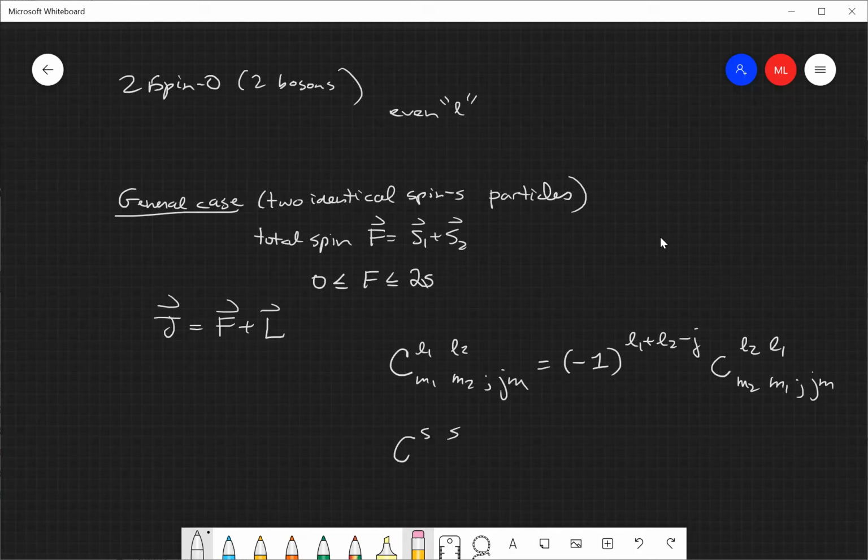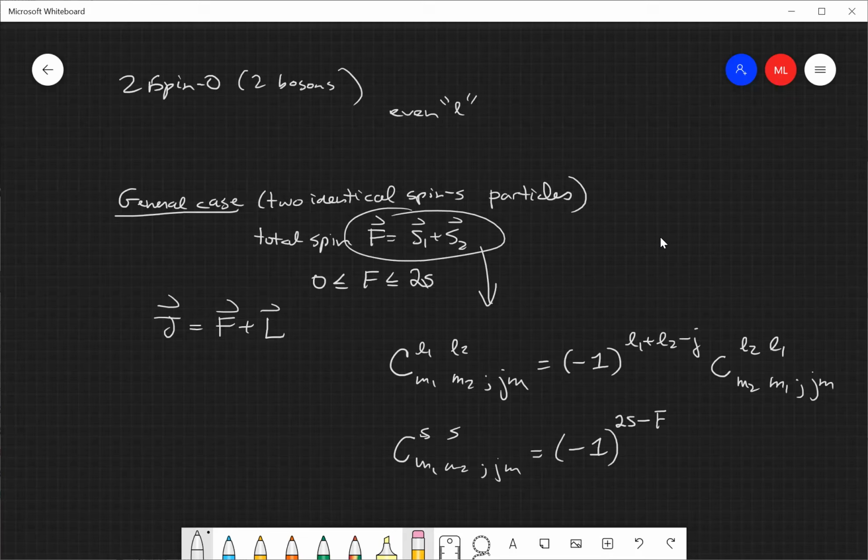We're adding spin S to spin S. And M1, M2, J, M. And so this minus sign is going to be 2S, and then the total angular momentum, and this is for the spin, which is just F. So this is the minus sign that it picks up. It must be twice whatever the spin is for the two identical particles minus F, which is the total spin.